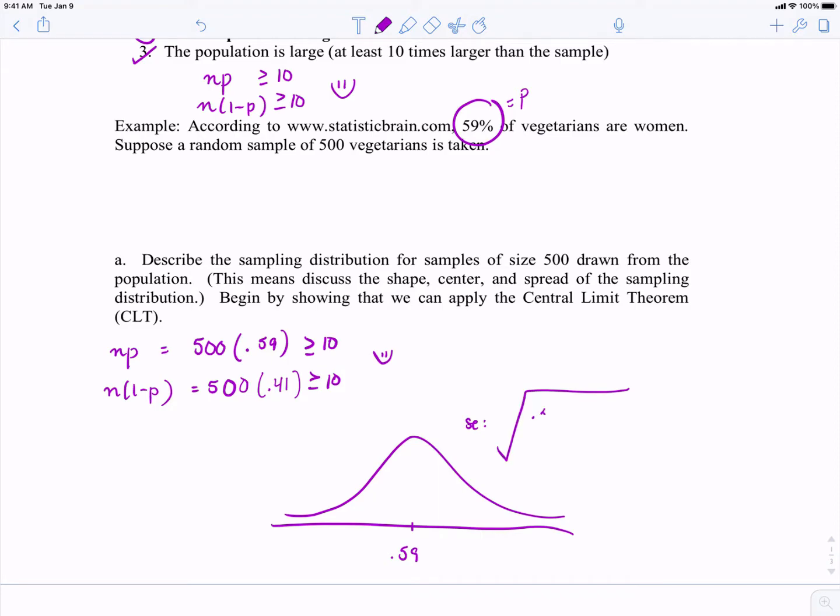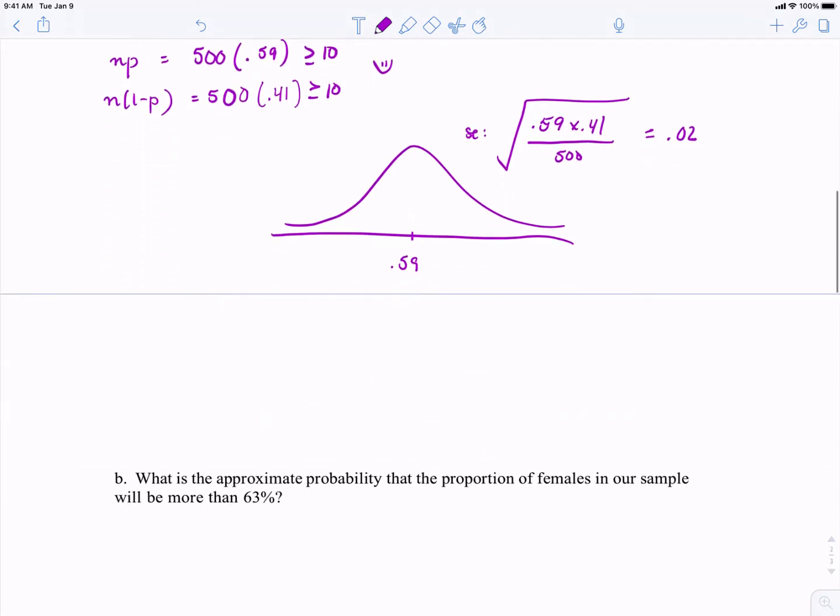The square root of 0.59 times 0.41, that's p times 1 minus p, divided by n, 500. And if you do that, you're going to get 0.02. So the shape is normal, the center is 0.59, and the spread, the standard error, is 0.02.